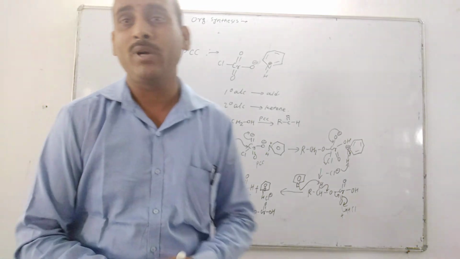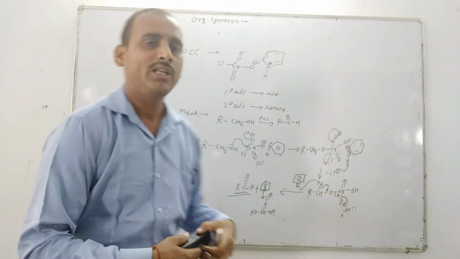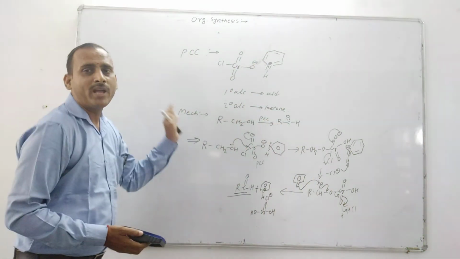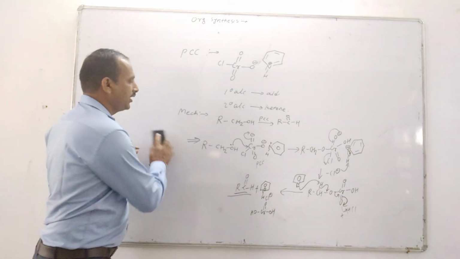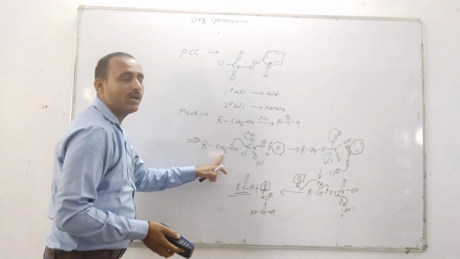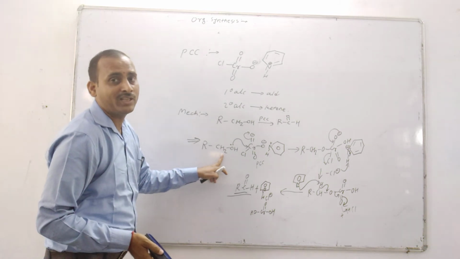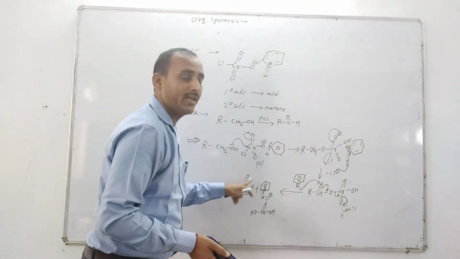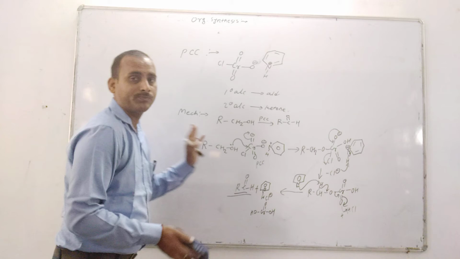Now PCC is a mild oxidizing agent. It oxidizes primary alcohol to only aldehyde, and if instead of H we take an R group, it is a secondary alcohol, and secondary alcohol gets oxidized to ketone.